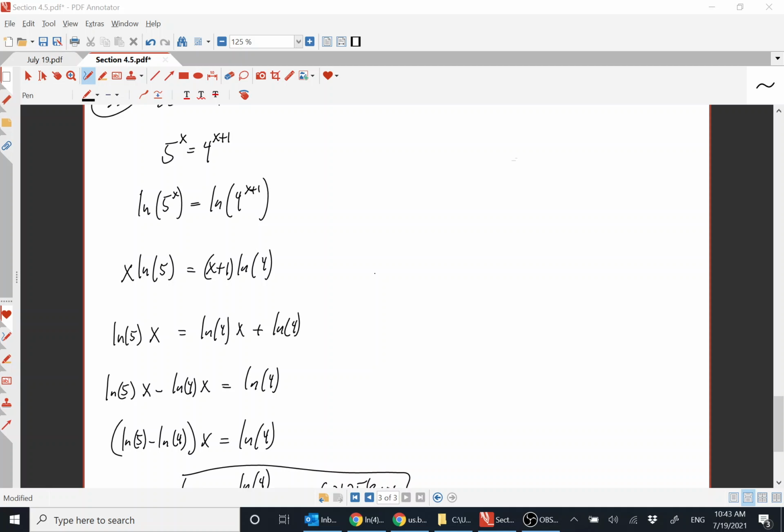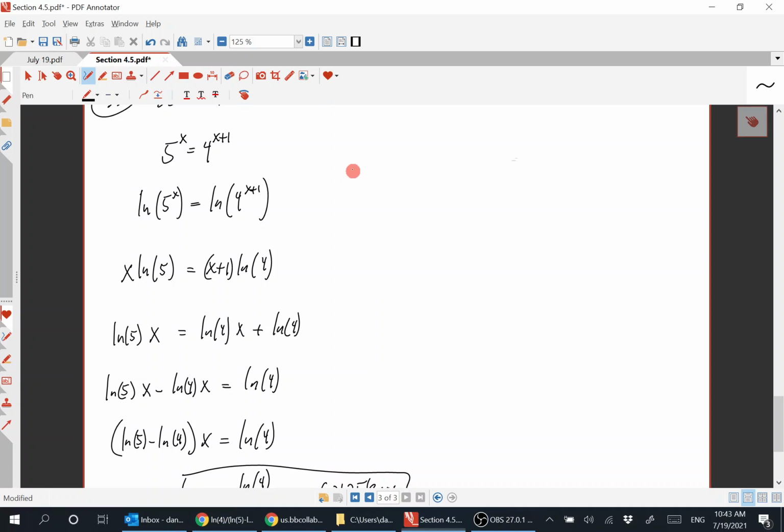All right, we can do it. Or log of 5 to the x, log 4 to the x plus 1. The only time one would be preferable over the other is if the base you're using is base e or base 10. Like you have an exponential expression 10 to the x or e to the x.